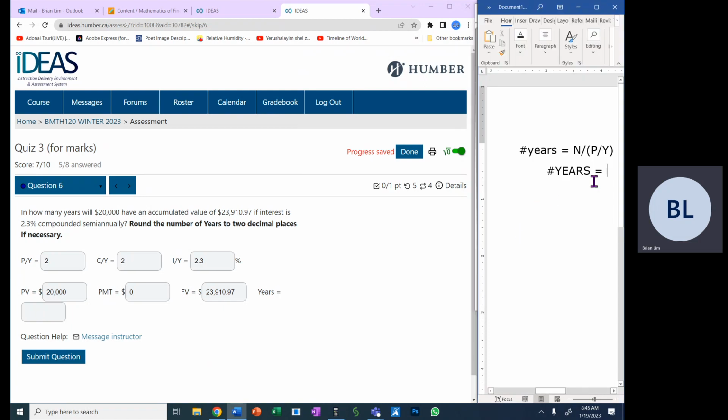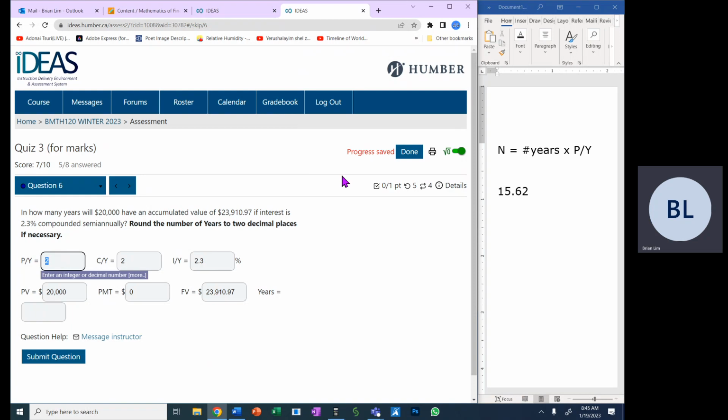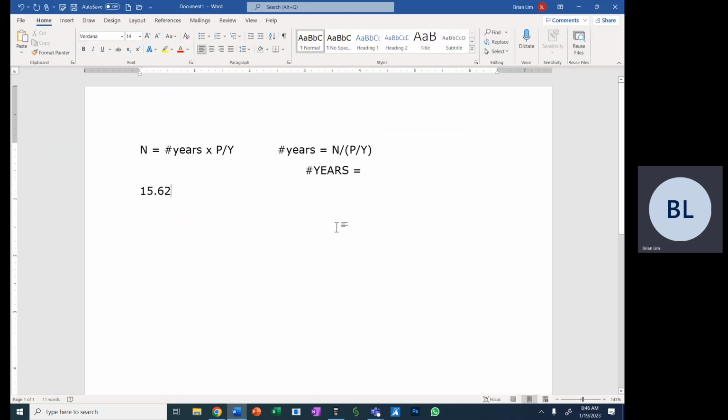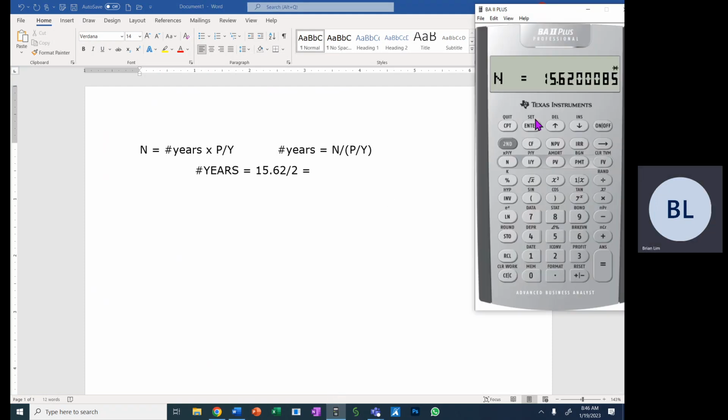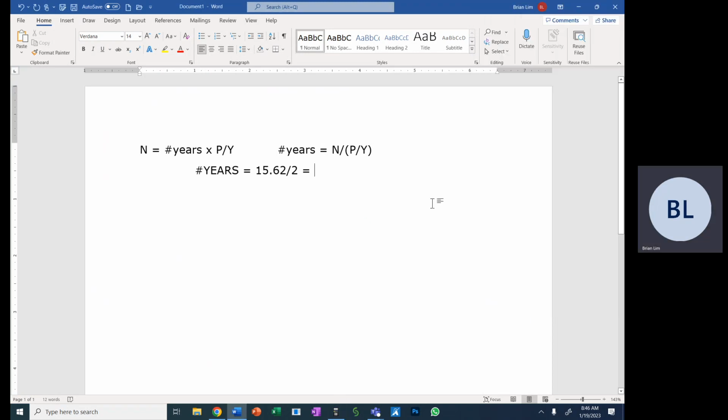So let's put 15.62. PY is indeed 2, so we know the value for PY. So 15.62 divided by 2, and we get an answer of 7.81. So this number should be 7.81.